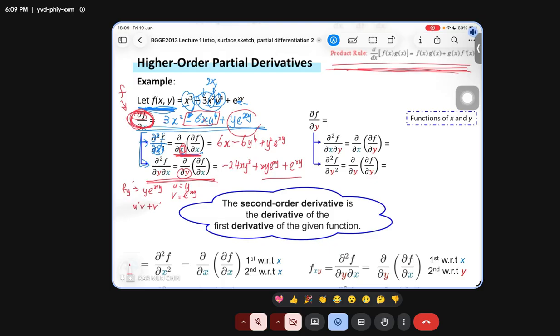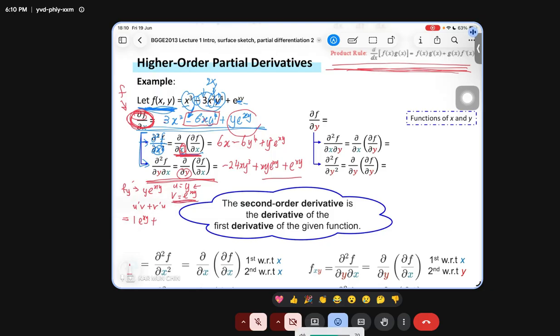This is the general form. So how do you do it? The first one, you differentiate the u. When you differentiate u, which is y, it becomes 1, and the v you just copy, e to the power of xy. Plus, you differentiate the v.